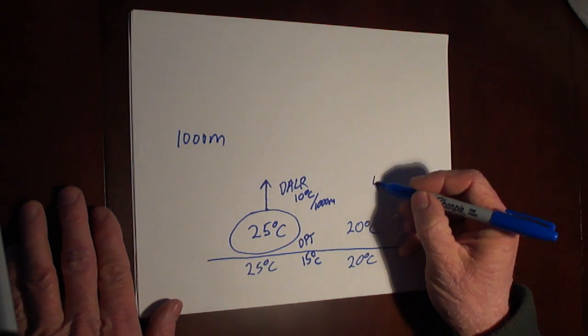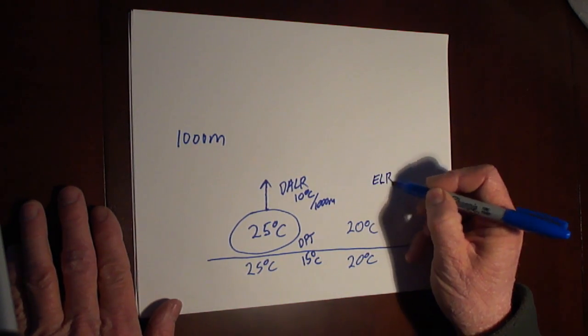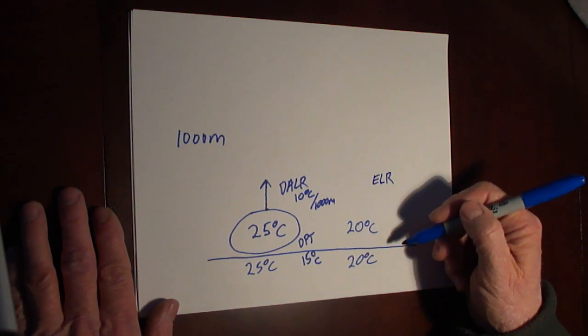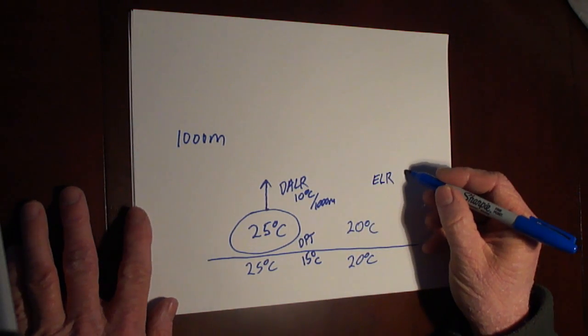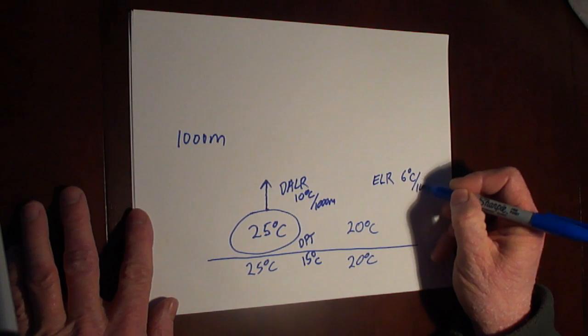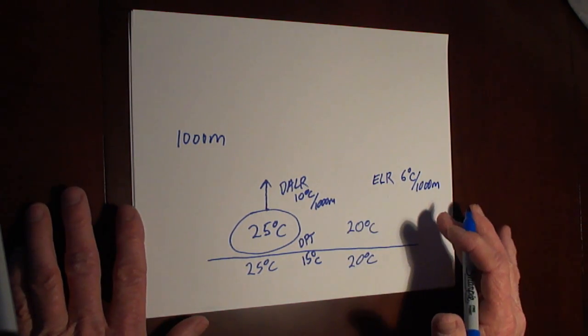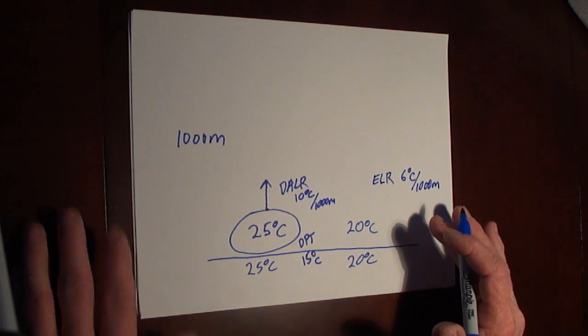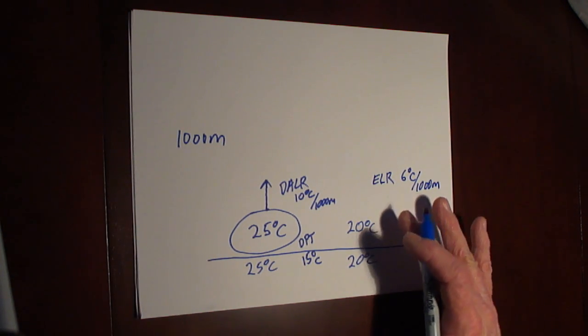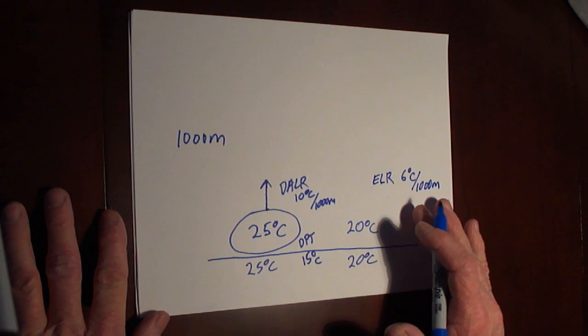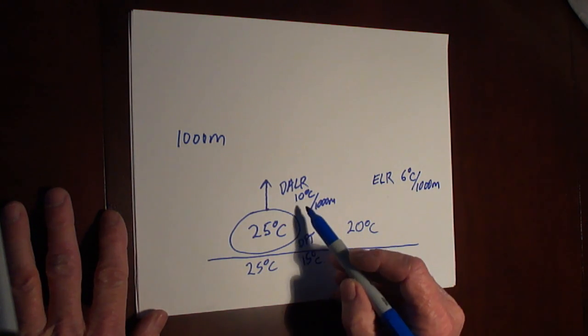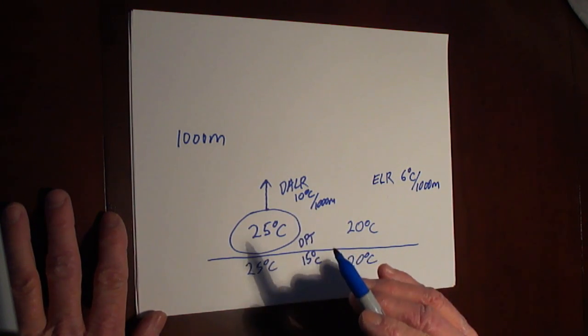I'm going to say that the environmental lapse rate, which refers to the air that's surrounding the bubble, is going to be 6 degrees Celsius for every 1,000 meters. I have simply chosen that as an example. There's nothing set about that. That could be anything. I'm simply giving you that as an example. This, however, the dry adiabatic lapse rate is set.